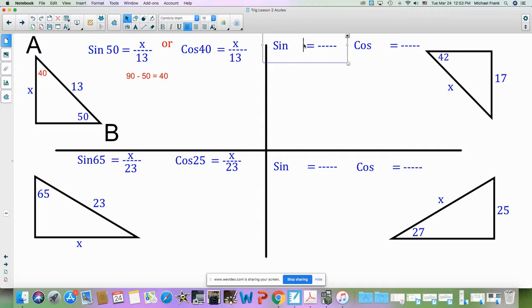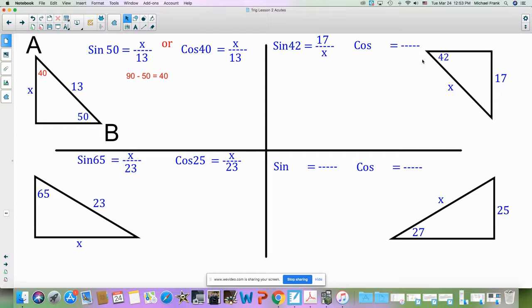Right? And in this problem over here, the sine of 42 should be equal to our opposite, which is going to be 17 over x.